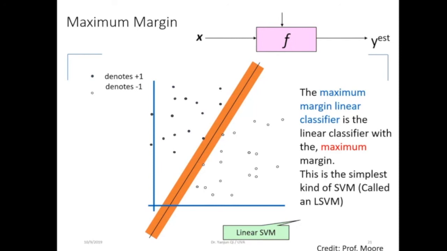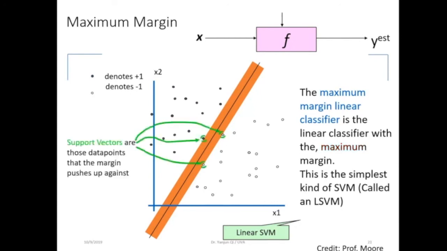Then you're going to ask, why is it called a support vector machine? It's all about those points that my margin hits within the training data. The points being hit are called support vectors, because in the high dimensional case each data point is a vector.